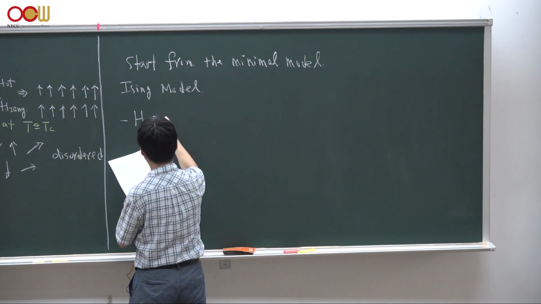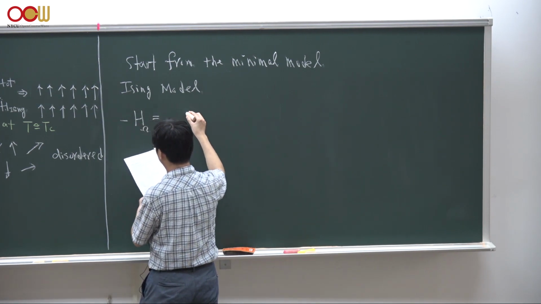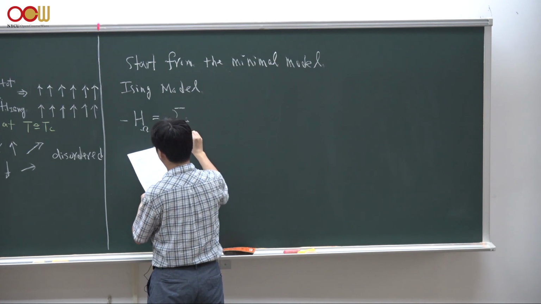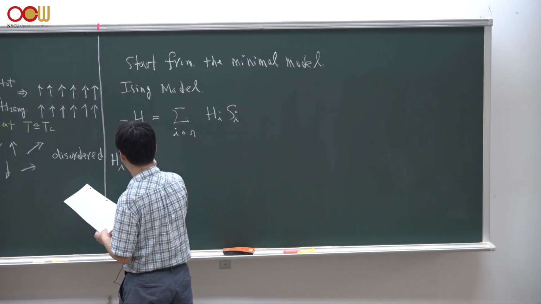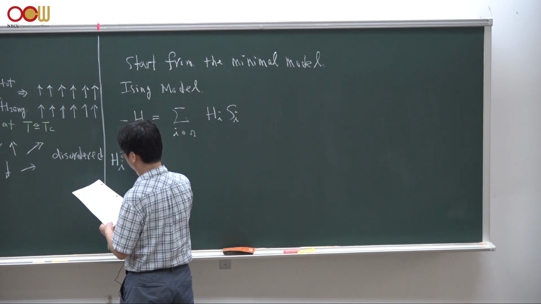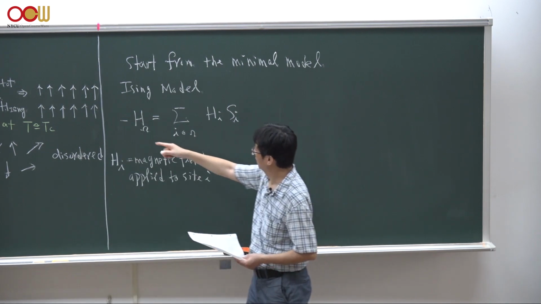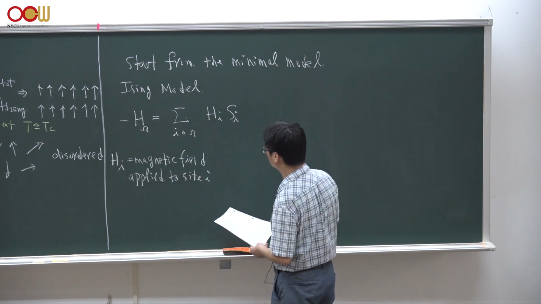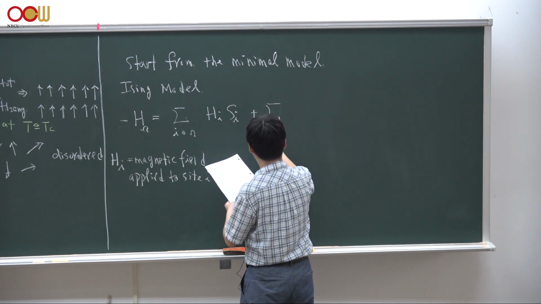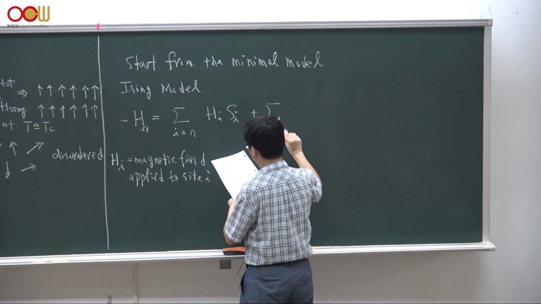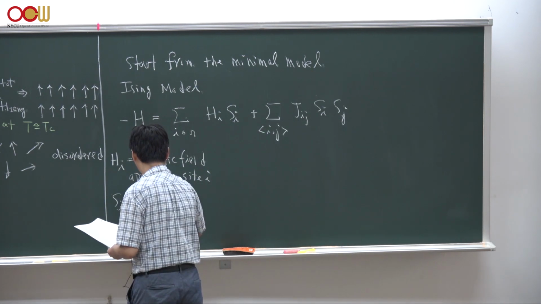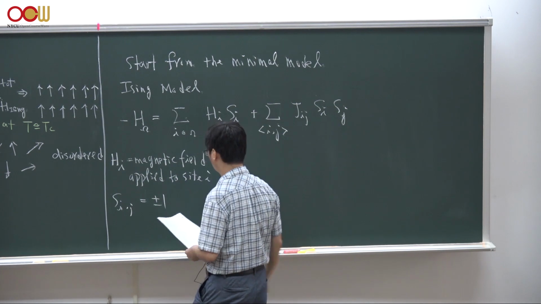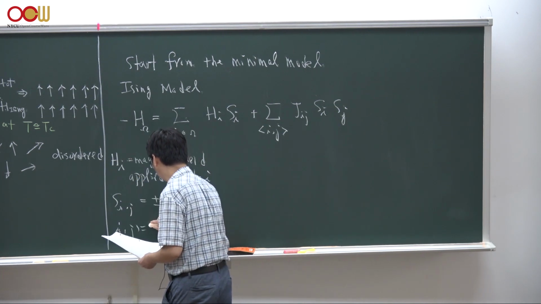So let me define my Hamiltonian of the Ising ferromagnet in the presence of a field, where the magnetic field acting on site i is represented by Hi here. I intentionally put the minus sign in front, and we add the nearest neighbor spin-spin coupling, where Si and Sj are Ising spins, and i and j are nearest neighbor sites.